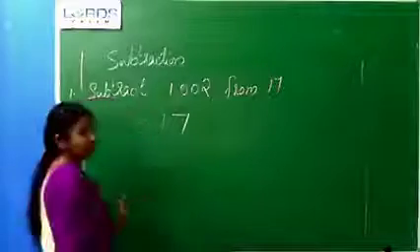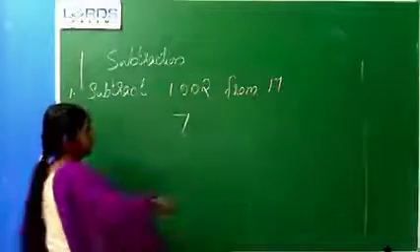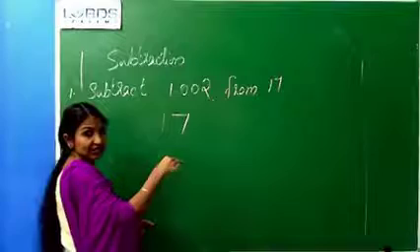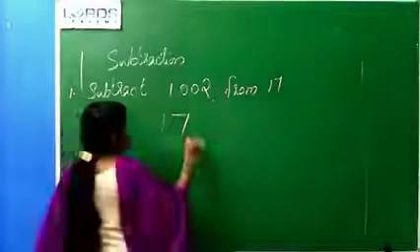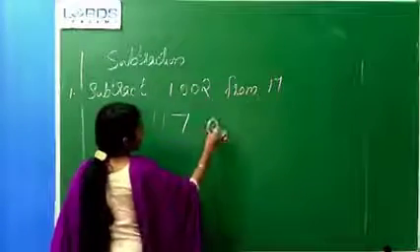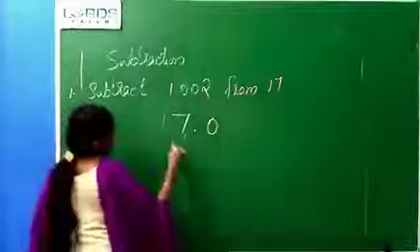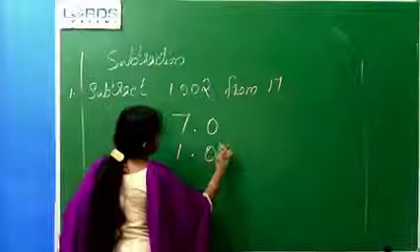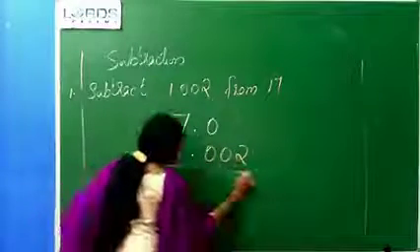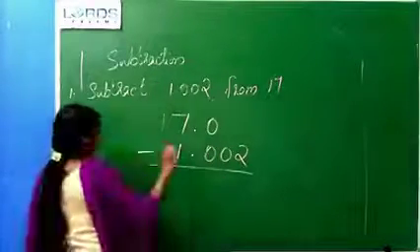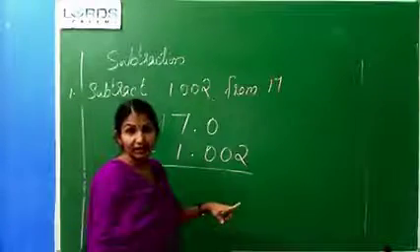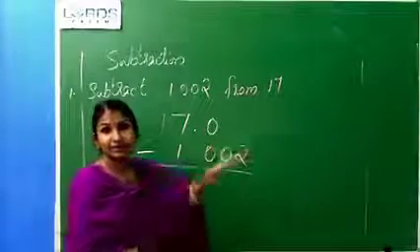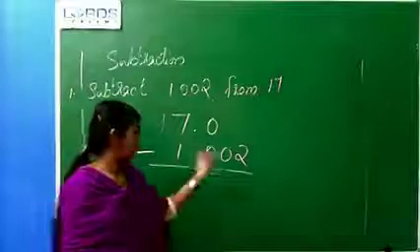Which number we are subtracting? 1.002. In the previous question we wrote 18, we can write it as 18.0. So here also we can write it as 17.000. We wrote 1.002. We are going to subtract. In addition, if you are not writing zeros, it won't affect our answer.